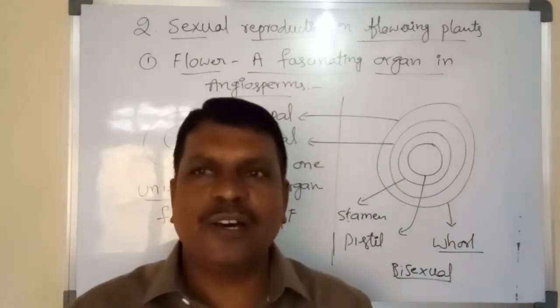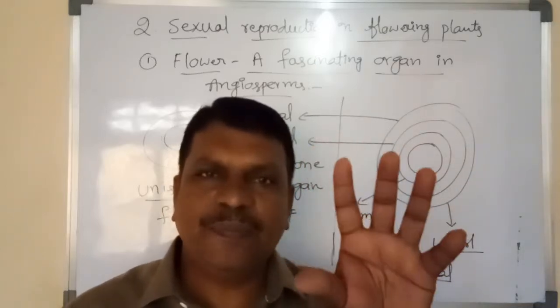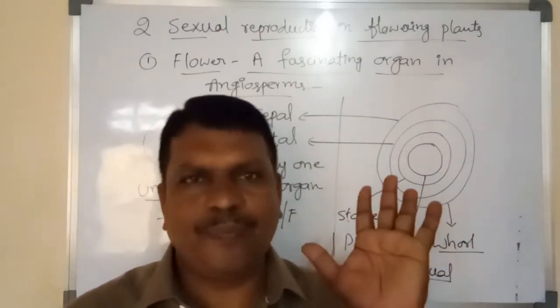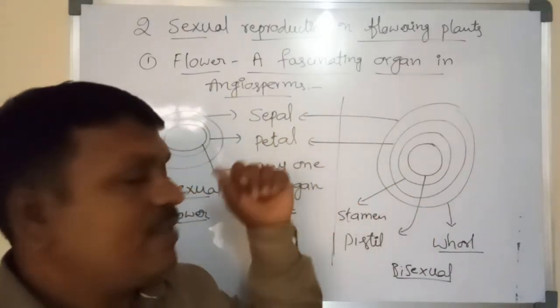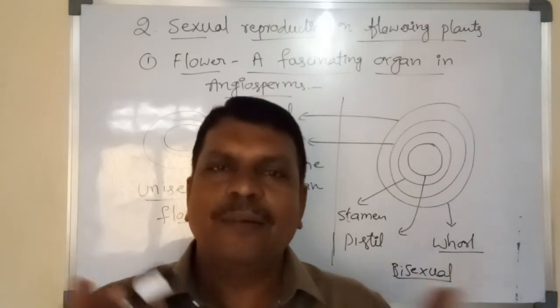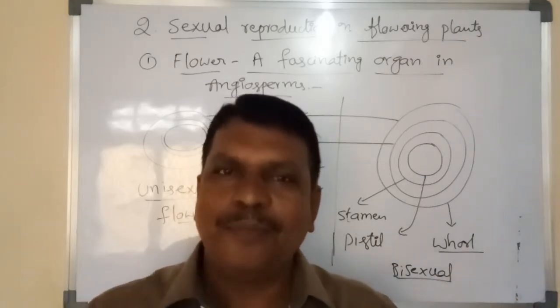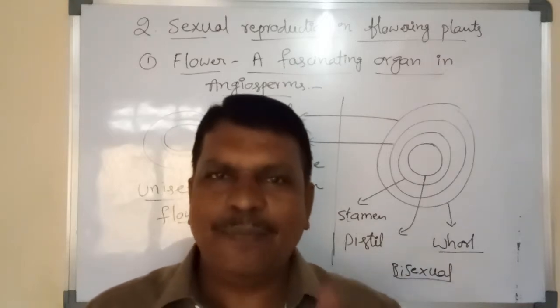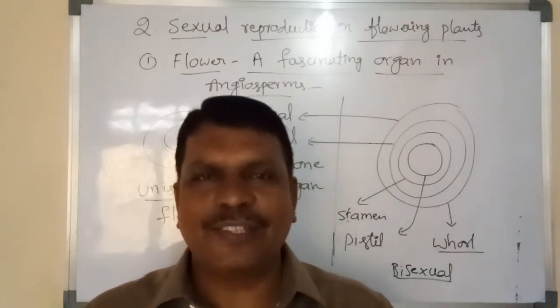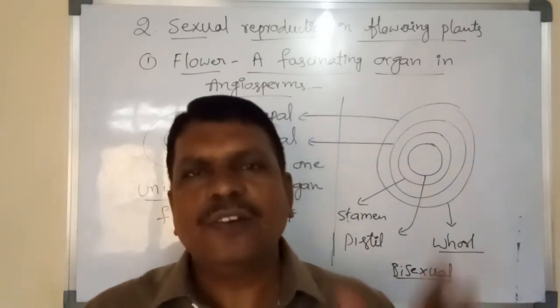What are the types of flower? What are the floral appendages? Floral appendages means flower parts. That's all, right? Next, what is the study of flower? The study of flower is called botany. Yes or no? It is a branch of biological science dealing with the study of all characteristic features of plants, including flower.